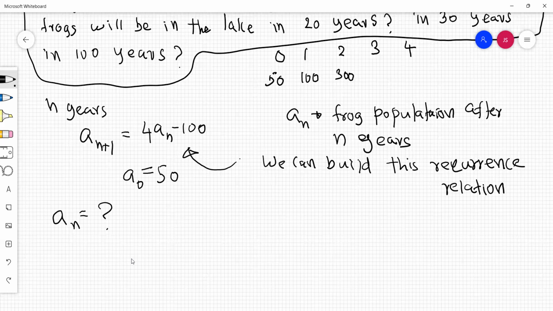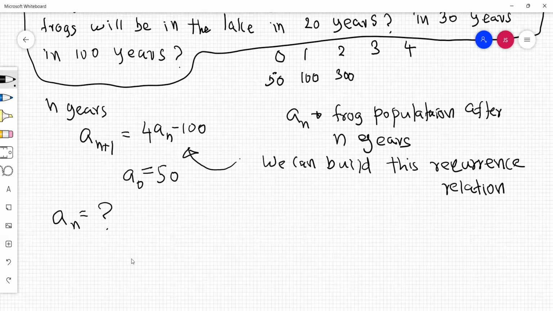First, we need to get the characteristic equation, the characteristic quadratic equation, right? Here, what is the characteristic equation for this one? x equals 4 minus 100?